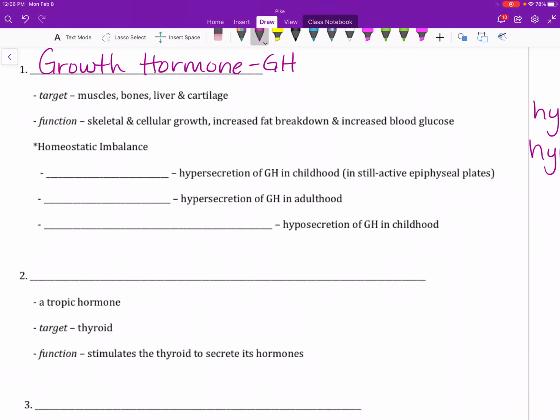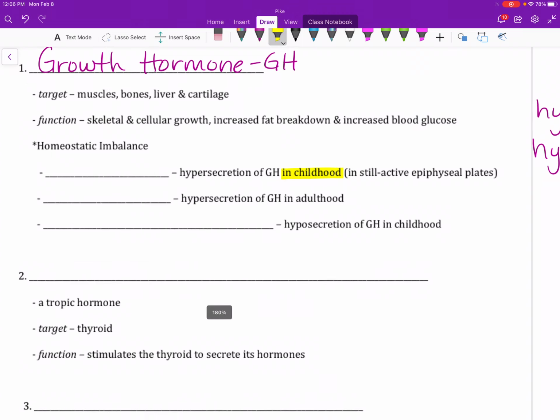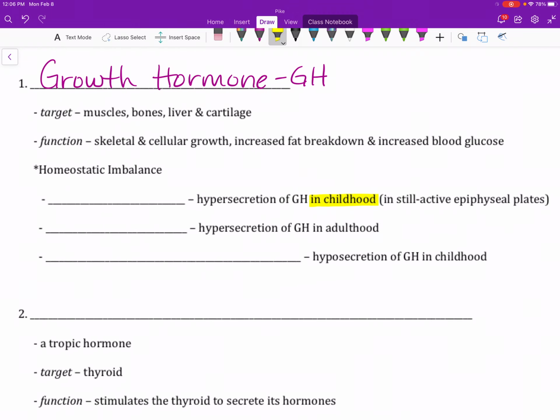So let's first look at what happens if you have too much growth hormone in childhood. Make sure you pay attention to when in life that happens. If you have a hypersecretion of growth hormone in childhood, it causes something called gigantism.